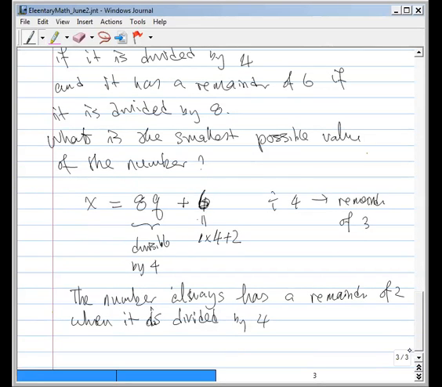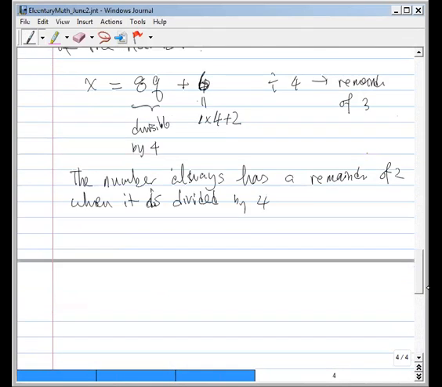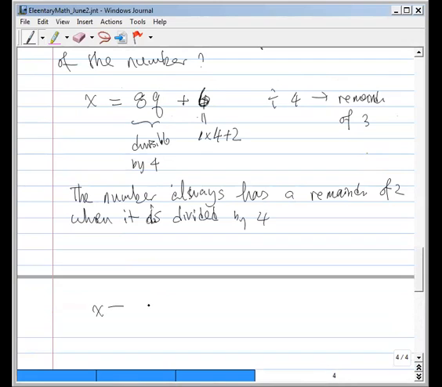So remember, if you divide a number by a divisor 8, and you don't know the quotient, it's okay. Plus the remainder. So the first number you say could be 8 plus 6, and that is going to be 14, right? Then the second number is 16 plus 6, which is 22. So when you divide by 4, you always get a remainder of 2, okay?